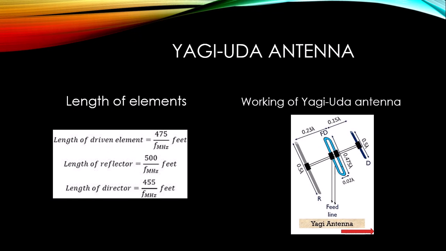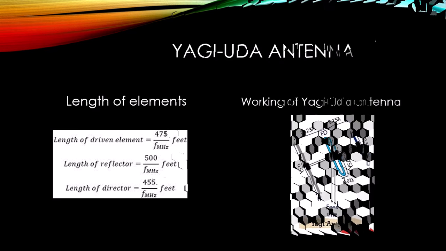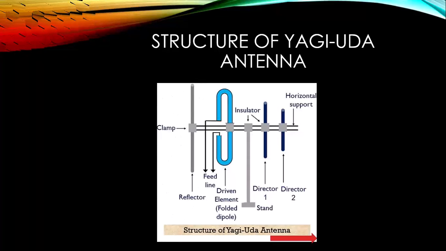The reflector is present at one of the ends of the metallic rod and has a length around 5% greater than the length of the driven element. As you can see here, this is the reflector and here is the driven element.